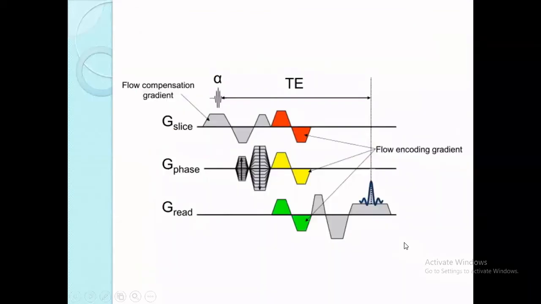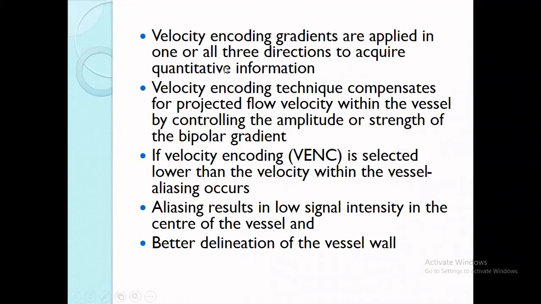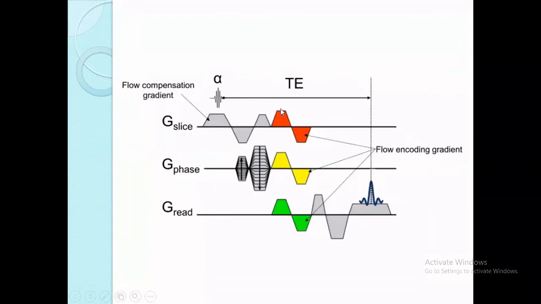So how do we select these flow encodings? By one or all three directions, we mean you are applying it in the slice selection gradient, as well as in the phase gradient, as well as in the reading gradient, which is x, y, and z.